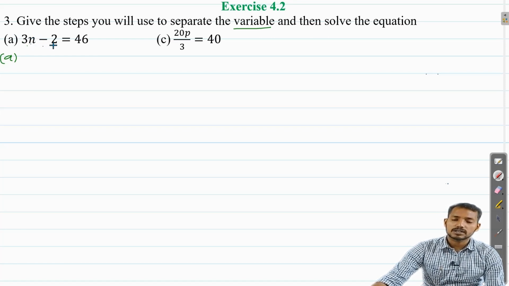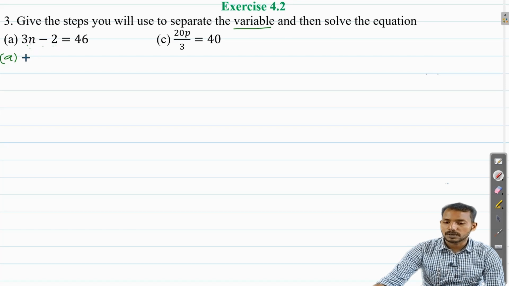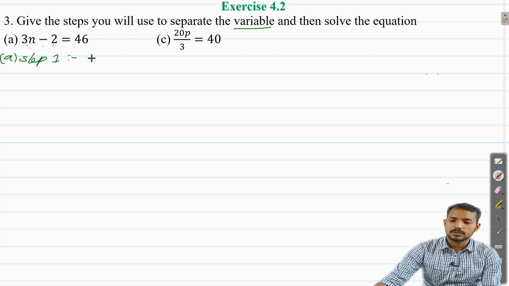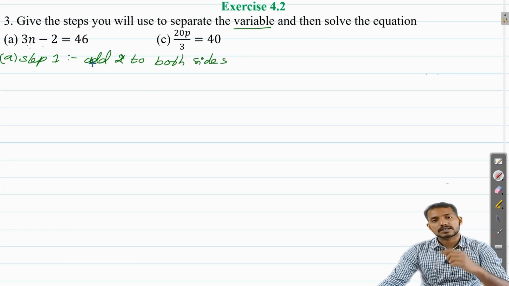So first it is better to separate this 2 from this variable term. Then we can go for separating 3. First step will be: step 1 is add 2 to both sides. That will be the first step.